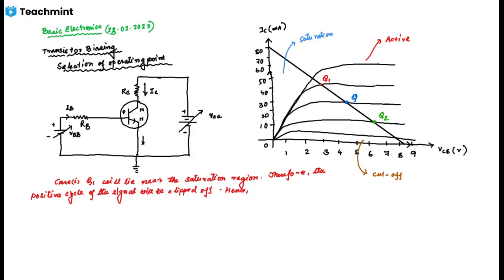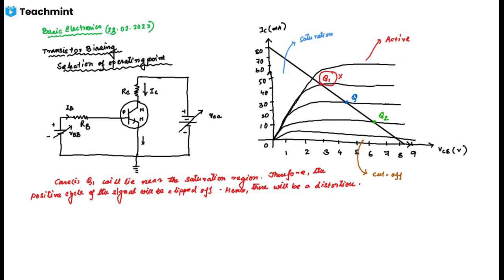There will be a distortion, and hence we will not take this point. So that is for the case 1. So this case 1 is not to be used.